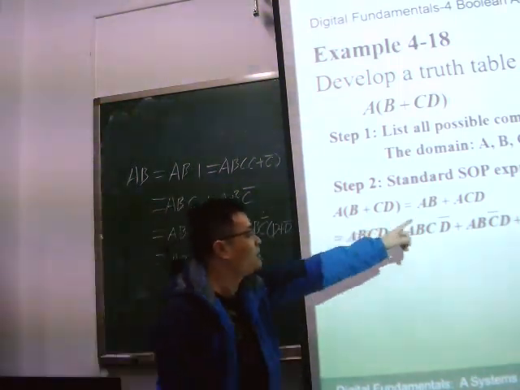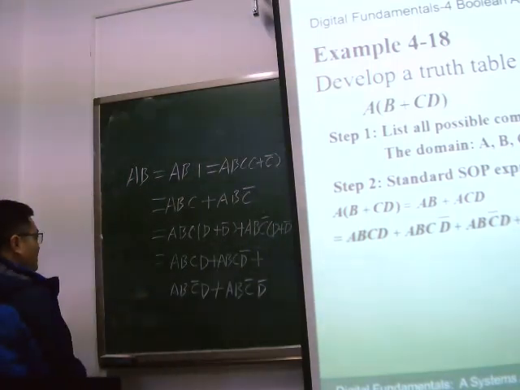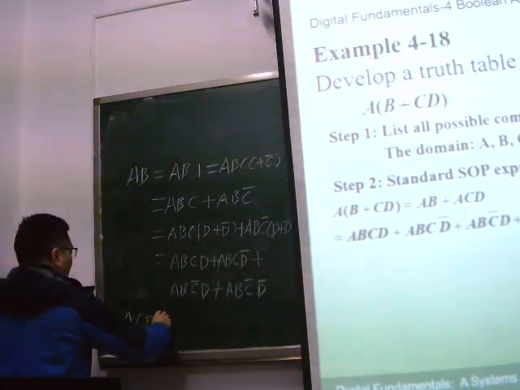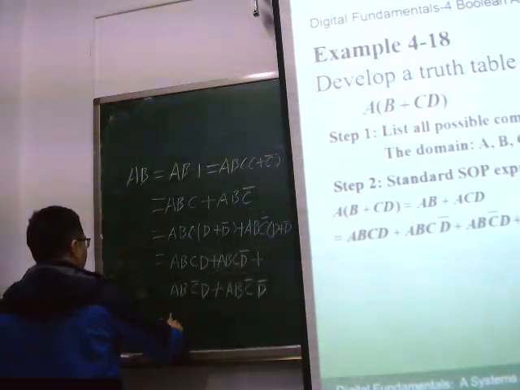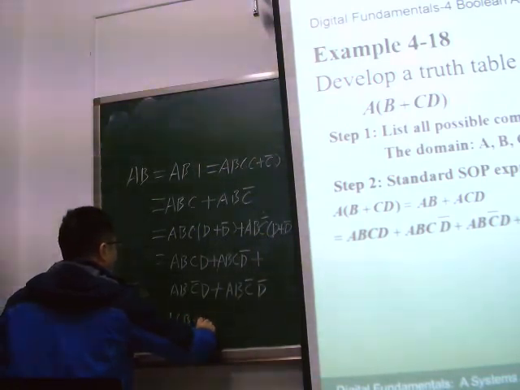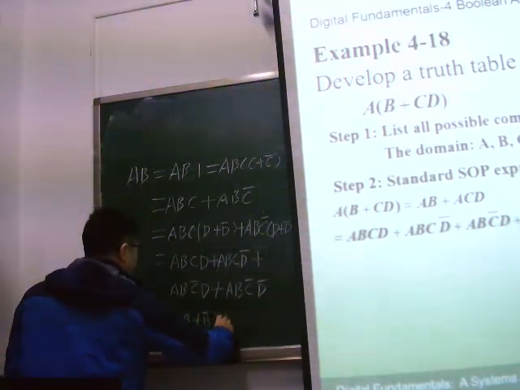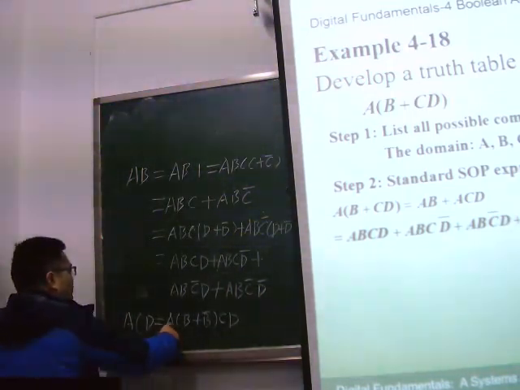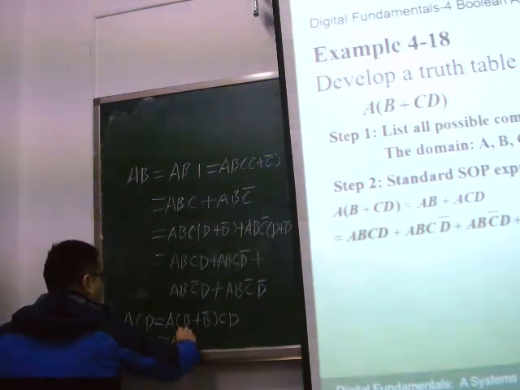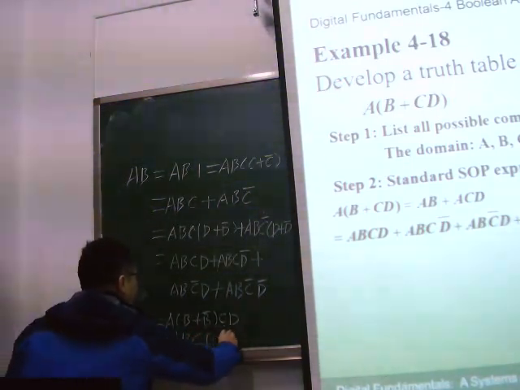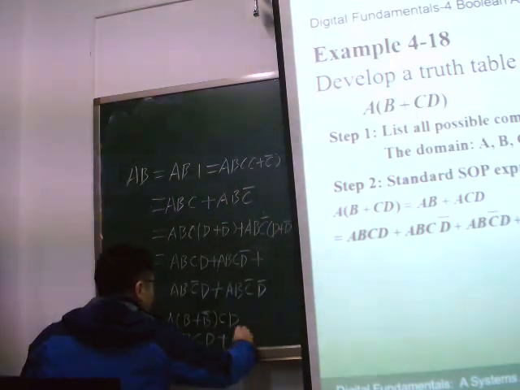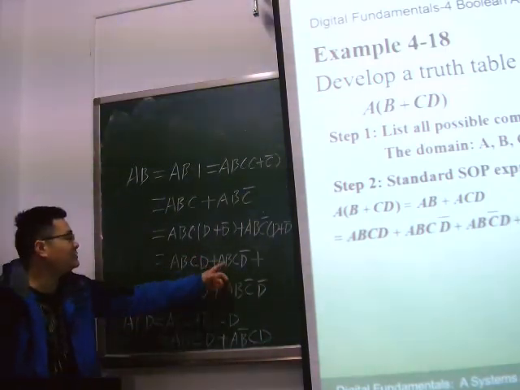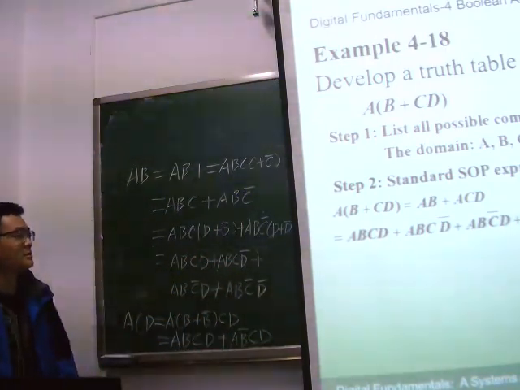And then ACD is equivalent to A, B plus D bar, C, D, right? And then it is equivalent to A, B, C, D plus A, D bar, C, D. So there are 1, 2, 3, 4, 5, 6.